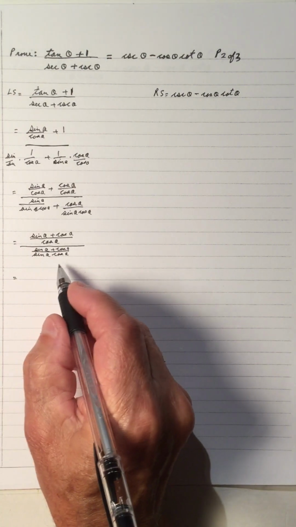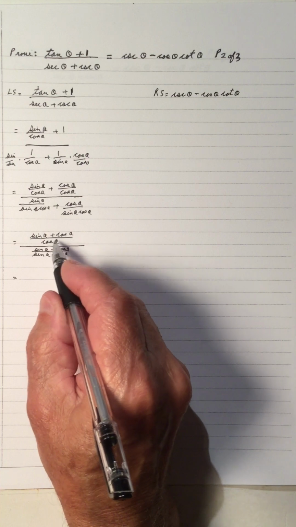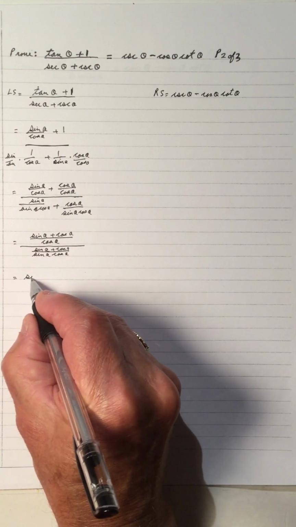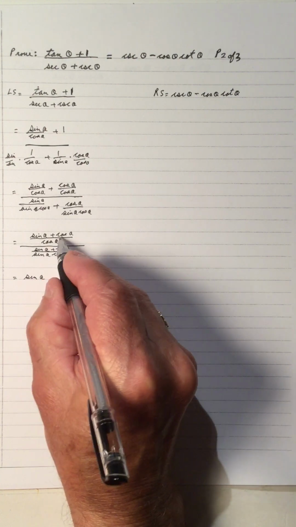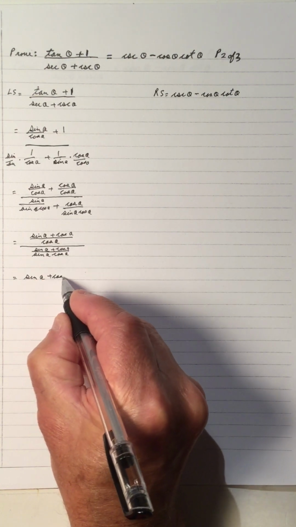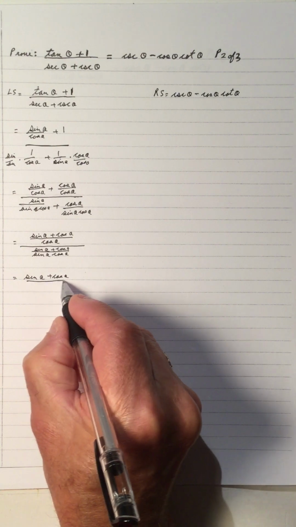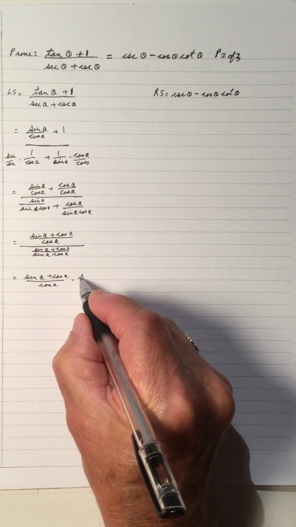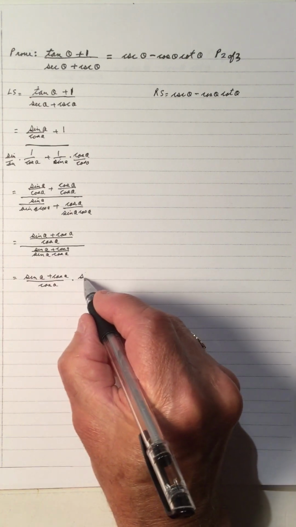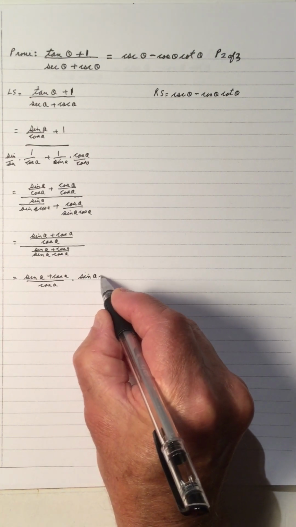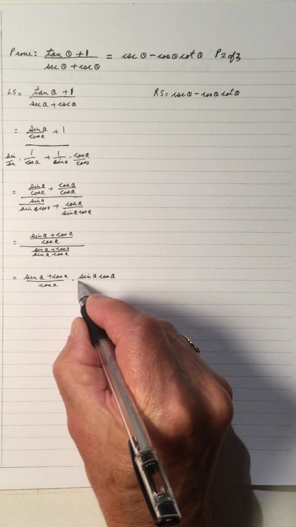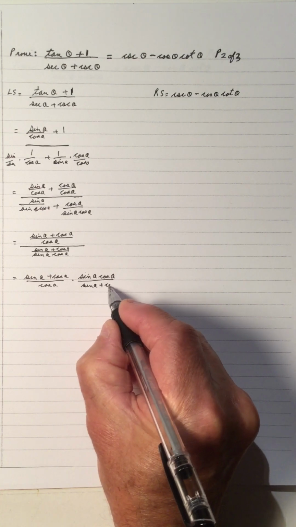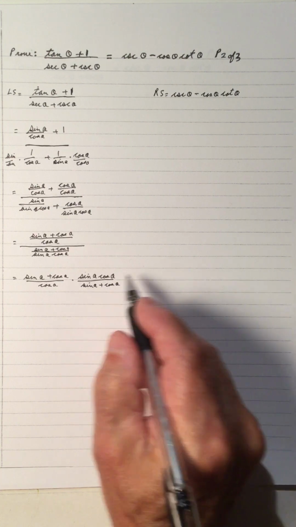And now we have two fractions, so one fraction is divided, so we'll multiply by the reciprocal. So the numerator is sine theta plus cos theta over cos, multiplied by the reciprocal. The reciprocal of this fraction is sine theta cos theta over sine theta plus cos theta.